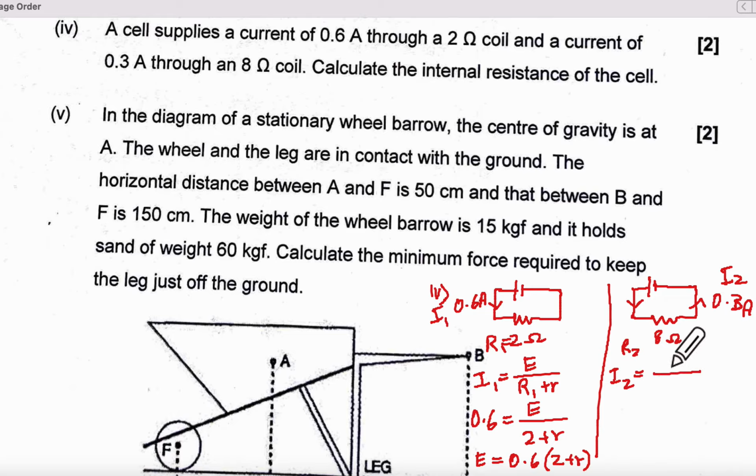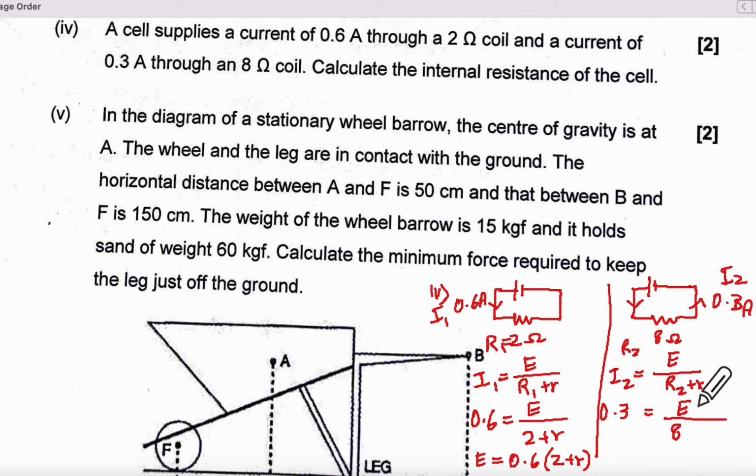I2 equal to what? E upon R2 plus R. Very good. So 0.3 is equal to E upon R2 plus R. What is R2? 8. No, instead of E we can write 0.6 into 2 plus R.